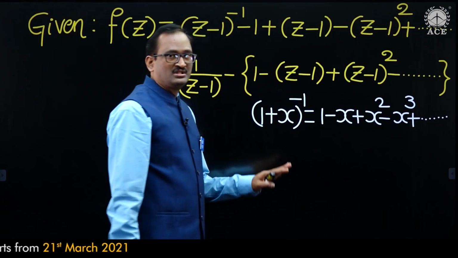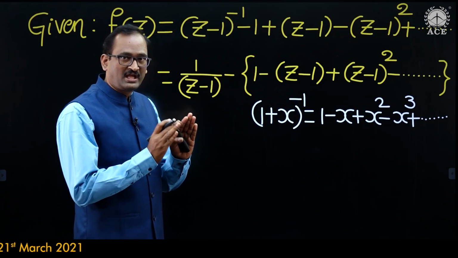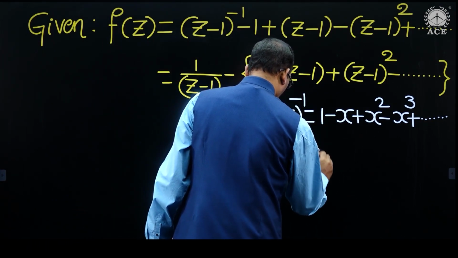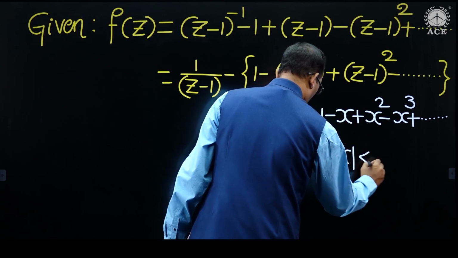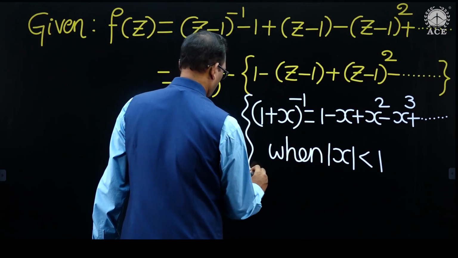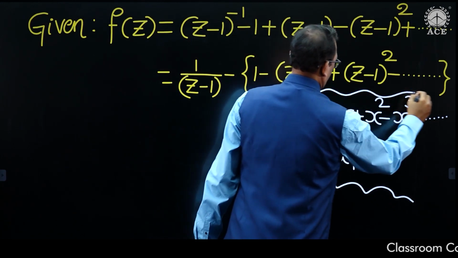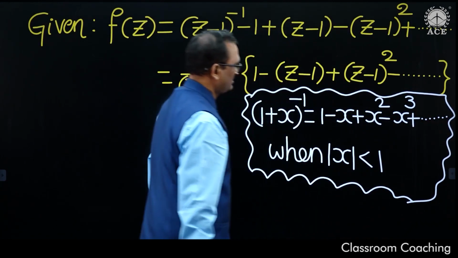Do you know this binomial expansion is valid in the region mod x less than 1? Mod x less than 1.